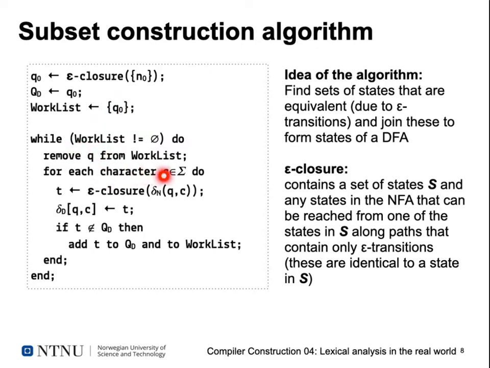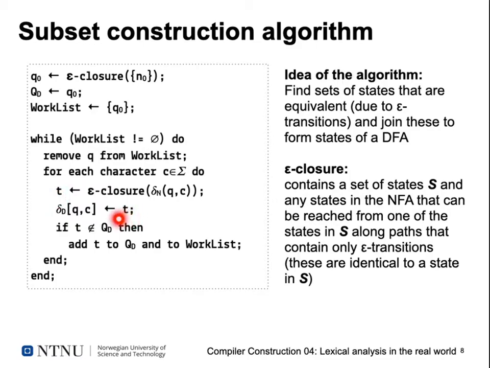And then for each character of the alphabet, so we call this C, which is an element of our alphabet sigma, we calculate the epsilon closure of all the states that can be reached from the state Q we just removed using the character C. So now we take a look at the following states of the current state we're looking at if we are transitioning not using an epsilon transition, but the given character we are iterating over in our for loop here. And we get the epsilon closure of this, so all the states reachable from the subsequent state, and copy this into something we call T.